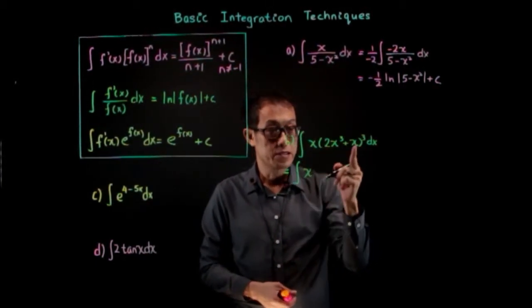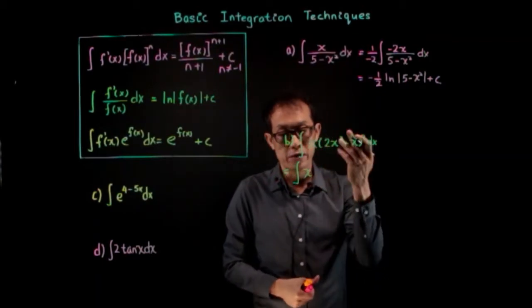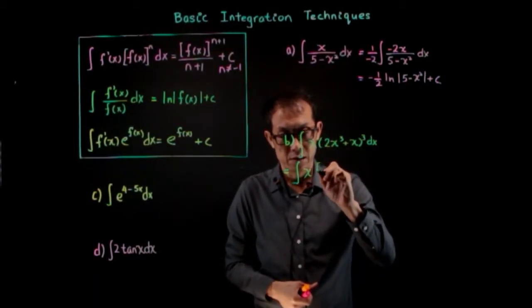So how to expand this? This is to the power of 3. Now you can use your binomial expansion.